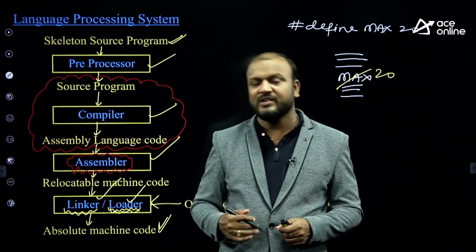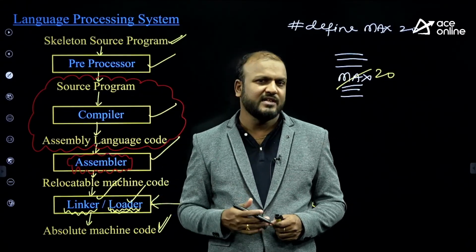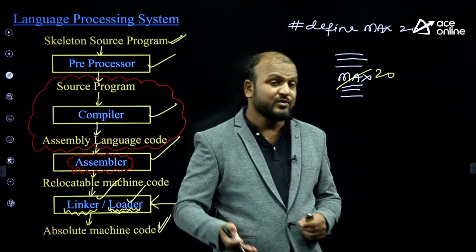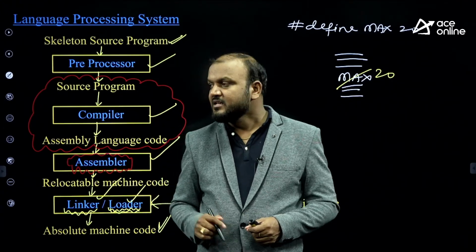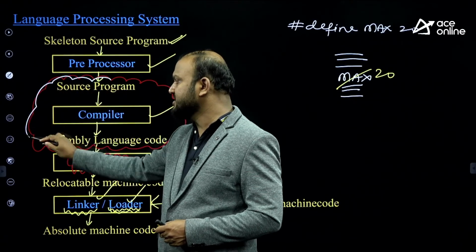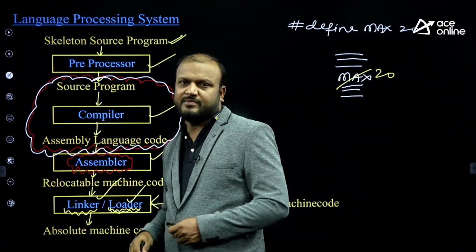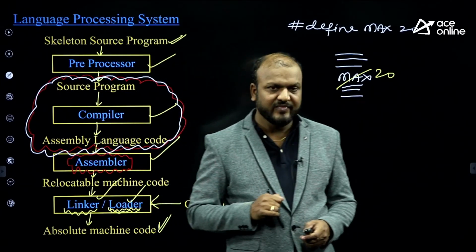You can see the previous ISRO questions before 2010 had some questions related to assemblers, linker, loader, but after 2010 those questions were mostly not there, right? So this syllabus is compilers. The questions are possible on how a source program is converted into an assembly language program. This is a language processing system.